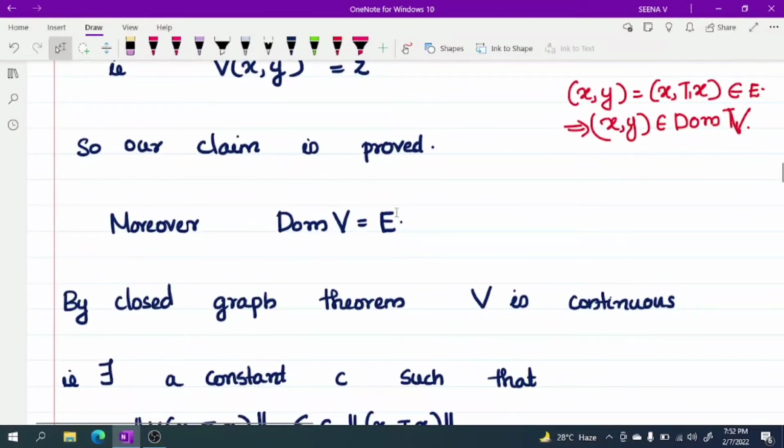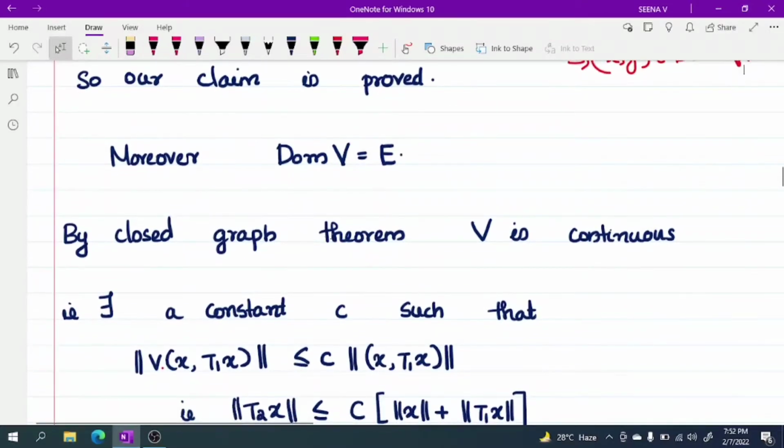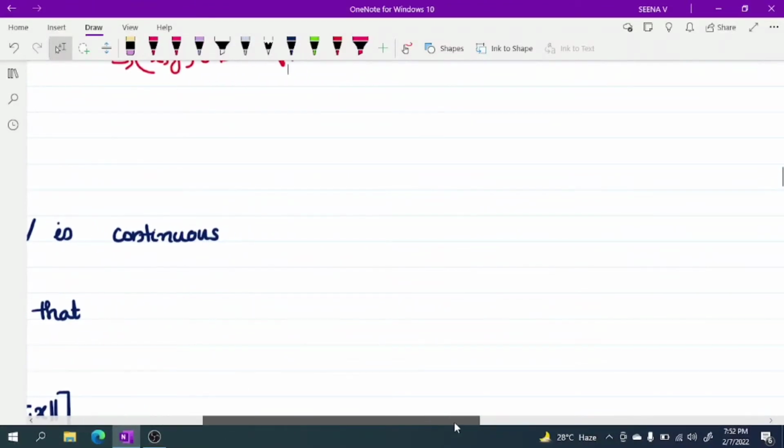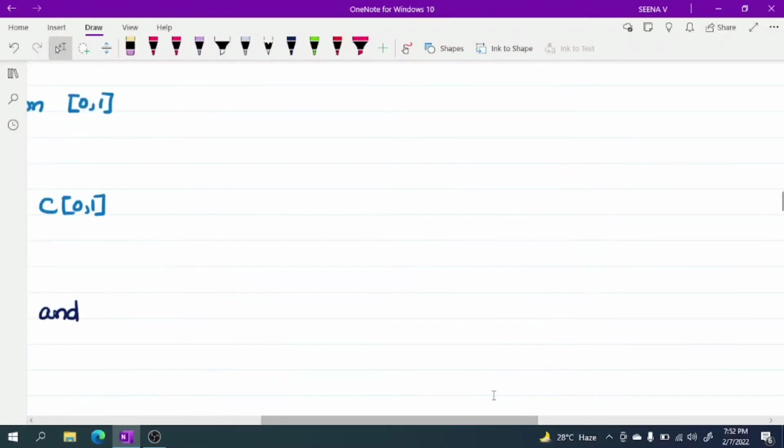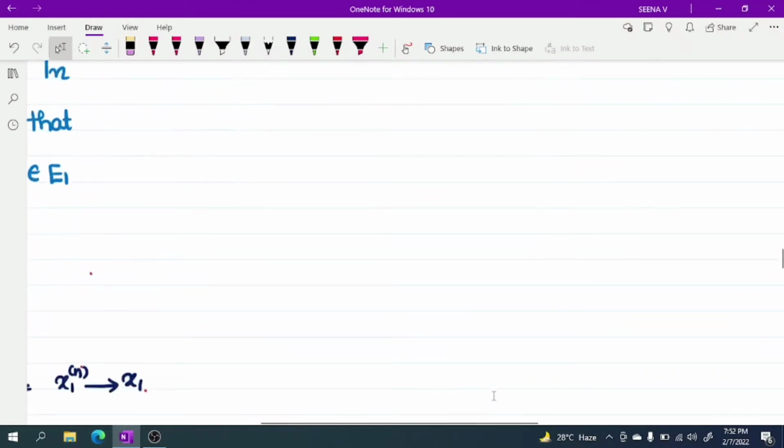Now, what about the domain of V? The domain of V is actually the graph of T1, that is E. So, by the closed graph theorem, V is a continuous function. Because what is the closed graph theorem?